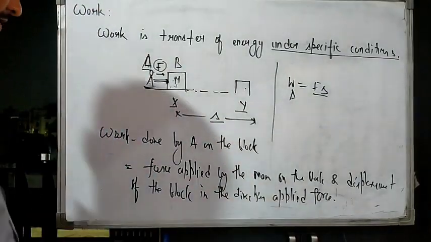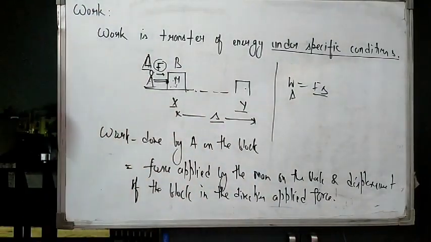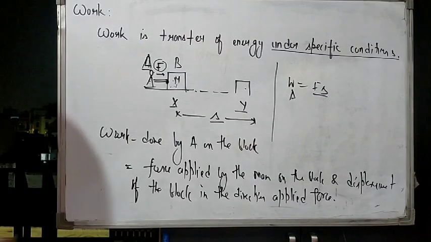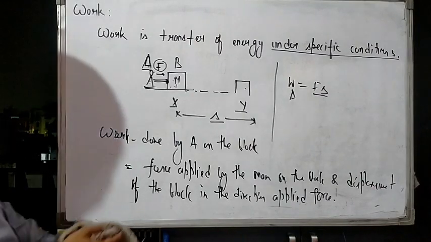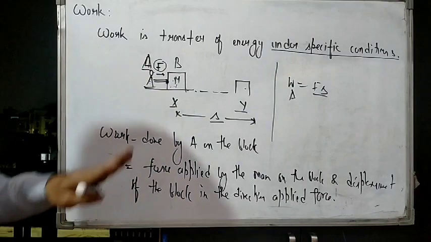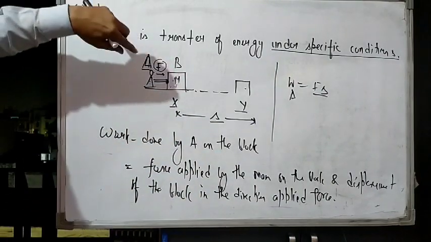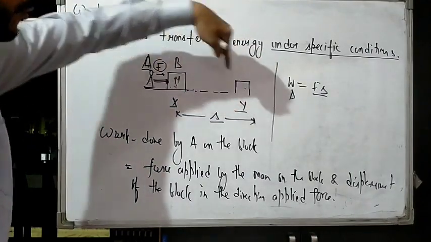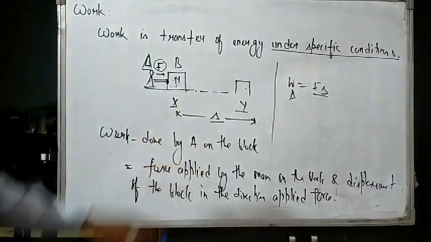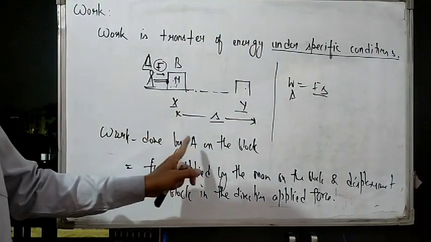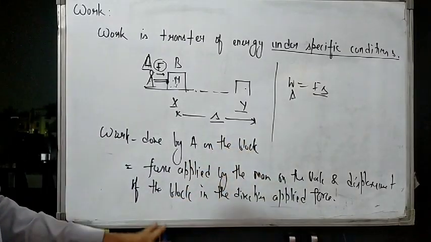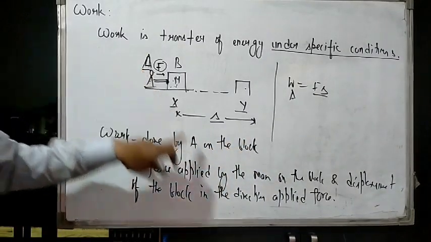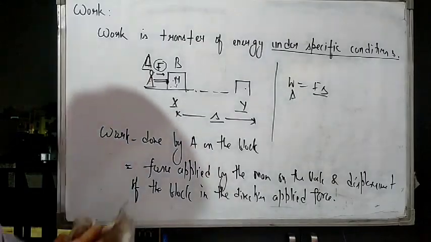Let us proceed further. I hope all of you understand well what work is. Work is simply the transfer of energy under the specific condition. As A applies force on B and B moves from x to y by a displacement s, work done by A on the block B is equal to force multiplied by displacement of the block.